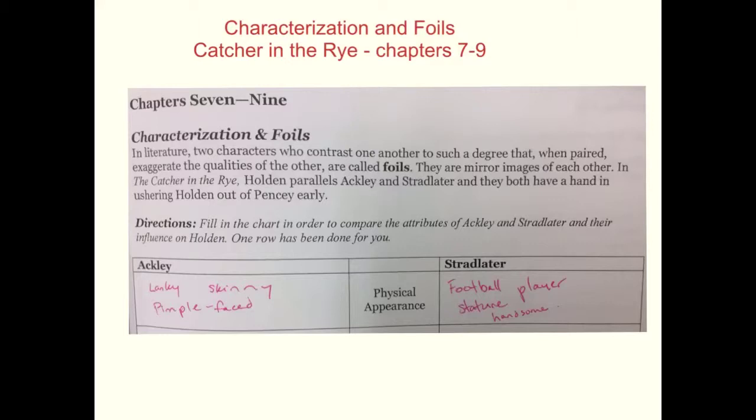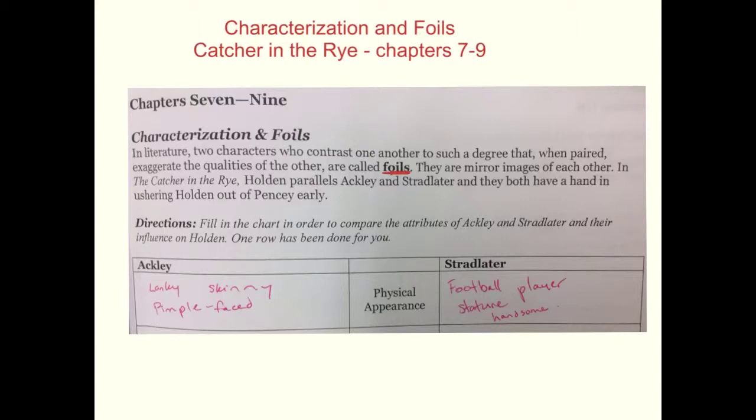So I'm just going to read what you have in your booklet. In literature, two characters who contrast one another to such a degree that, when paired, exaggerate the qualities of the other are called foils. Foils are really important because we're going to see two characters, Stradlater, depending on how you want to pronounce it, and Ackley.